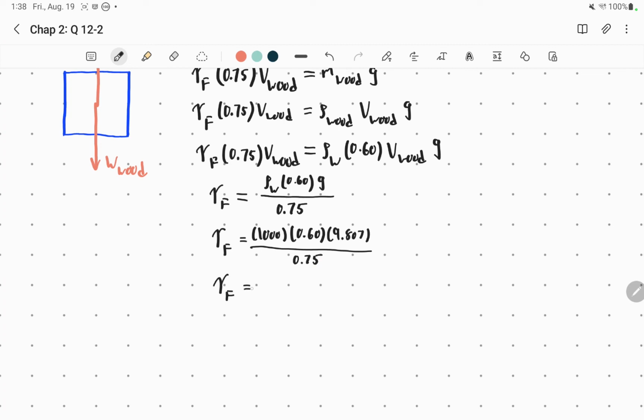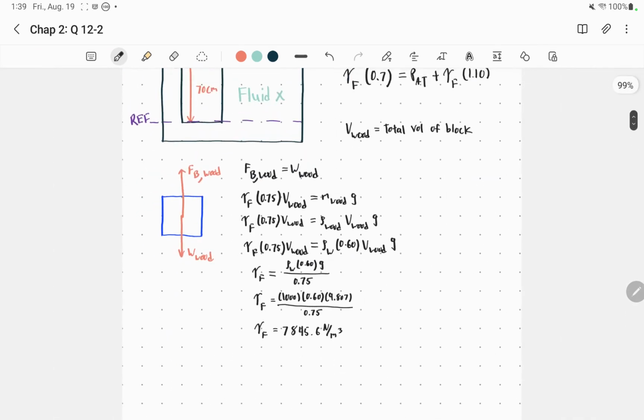Gamma f equals 7,845.6 newtons per meter cubed.